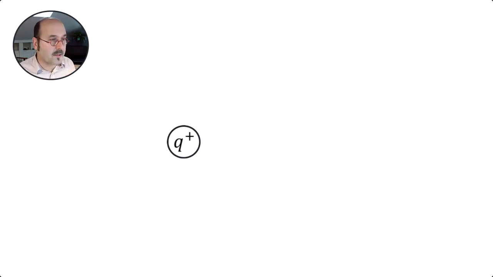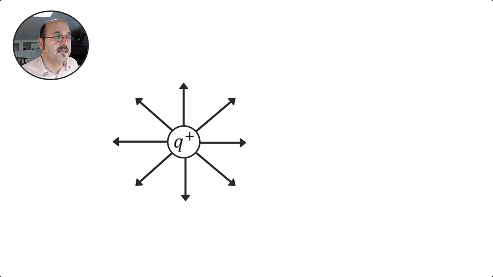And one of the models that we use for this is a field model. So what we can say is, given a single point charge that has a value of Q, what the fields look like emanating from that charge are basically radial. These lines are representing what's called the electric field due to this point charge.